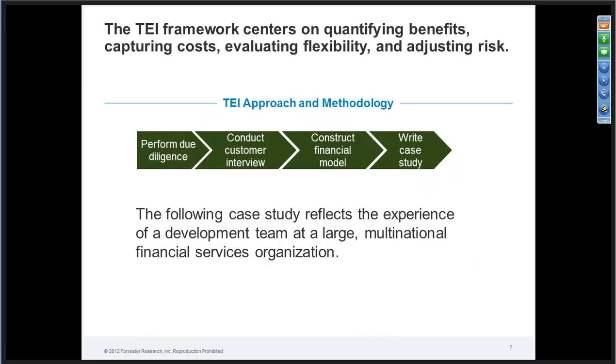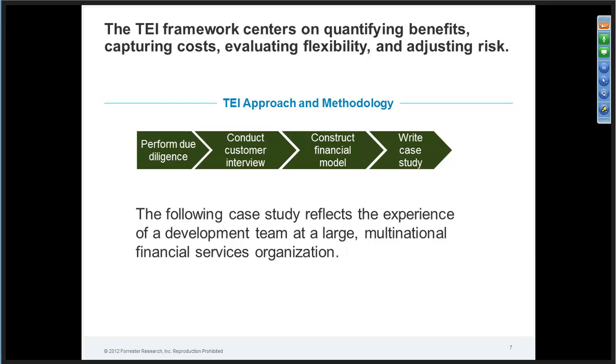So when we take a look at a particular buying decision, we apply this TEI framework, and we do it with a specific use case, a specific business study. We don't do it in the abstract. In order to do that, we work with a user of that product, and we understand how they're using the product.